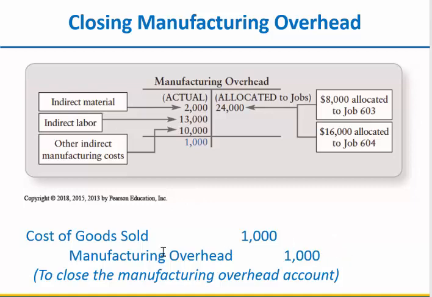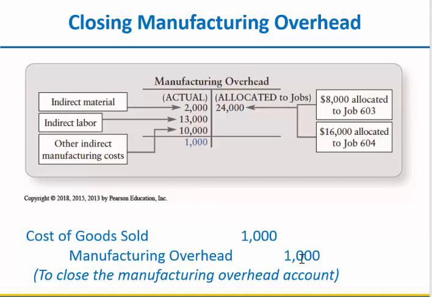To balance this journal entry, I must post this 1,000 debit correspondingly to the CGS. So the CGS receives 1,000 debit and the manufacturing overhead receives 1,000 credit. The way to figure out this journal entry is you start with the manufacturing overhead account.